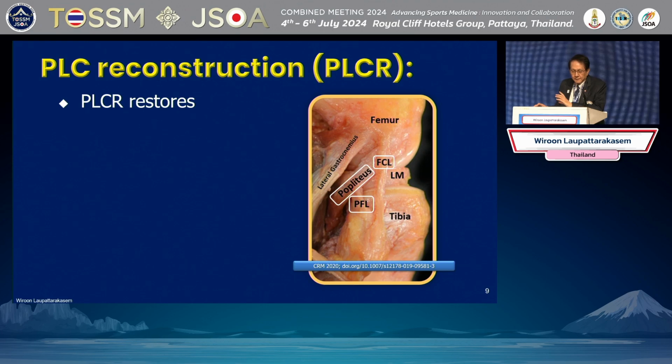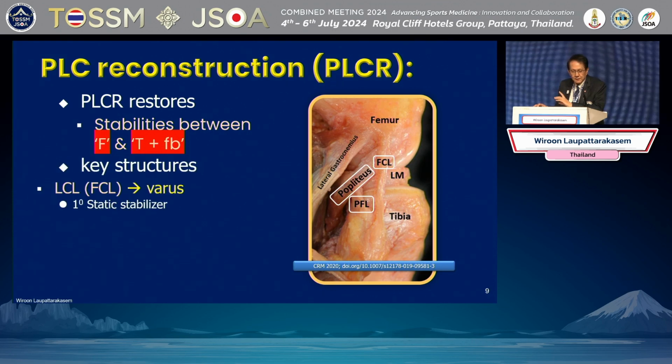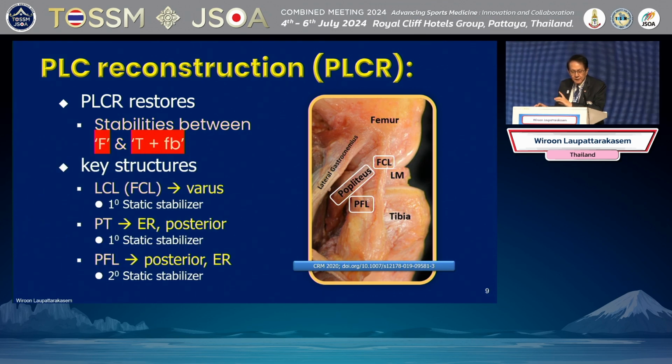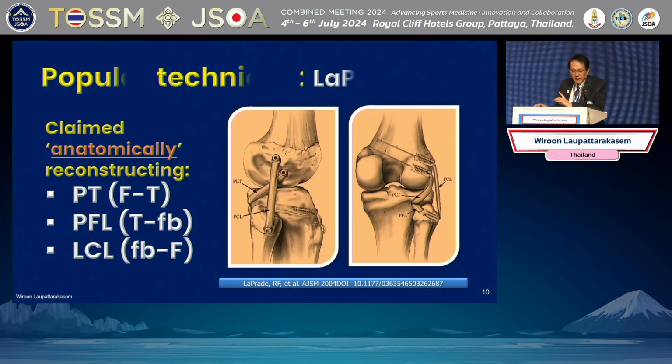For the principle of the reconstruction, we restore the stability between the femur and tibia plus fibula, as I mentioned above. The key structures are three things. The most popular technique, all of us have heard about, is LaPrade.